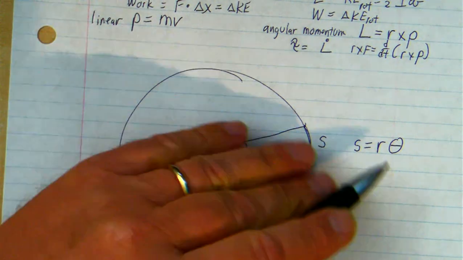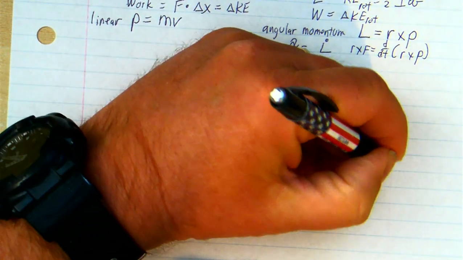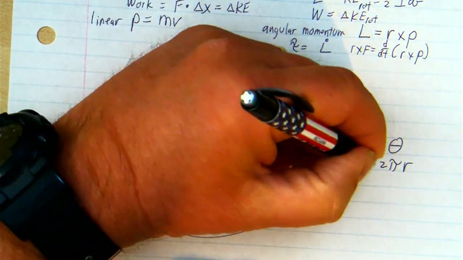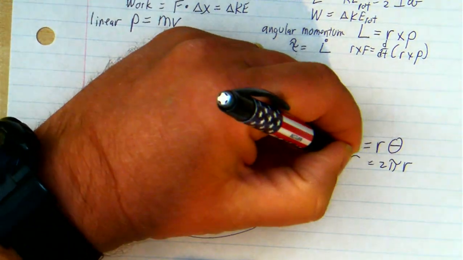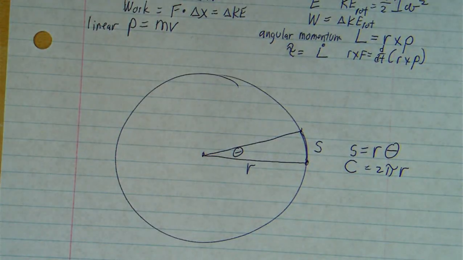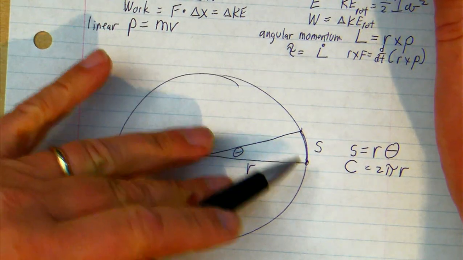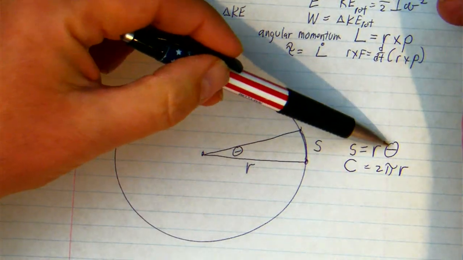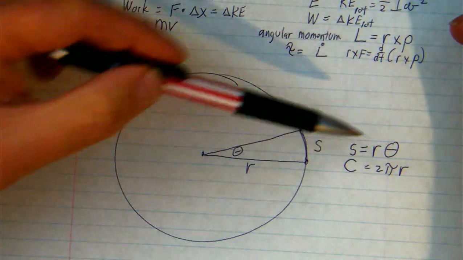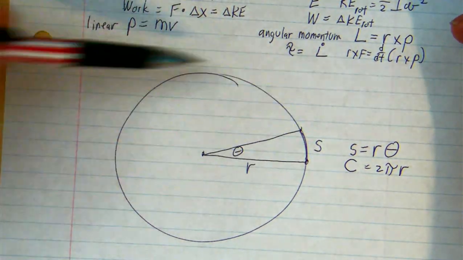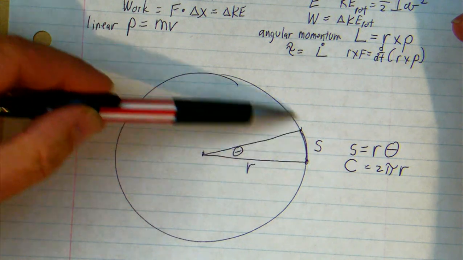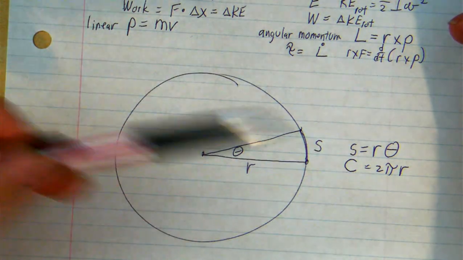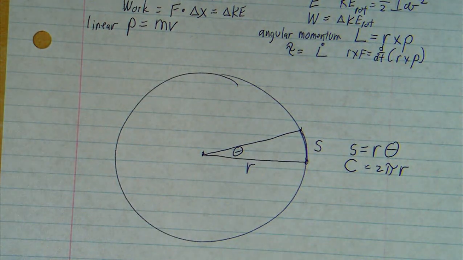And of course, when theta reaches a value of 2 pi, then S is the entire circumference. So S is the fraction of the circumference, which is the ratio of theta to 2 pi. So if theta is pi radians, then the arc length S is half the circumference. Ta-da! Makes perfectly good sense.